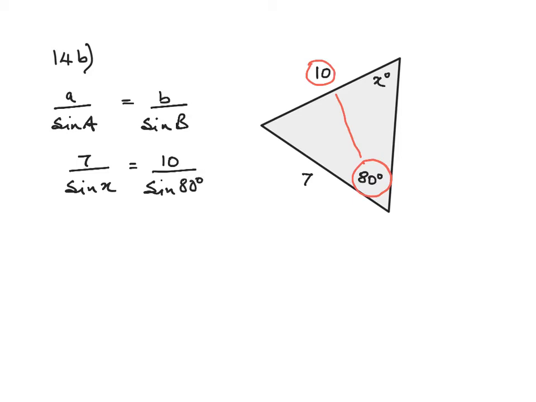In this type of problem we have to cross multiply, so 10 sine x equals 7 sine 80, and we'll divide by 10 to get sine x on its own.